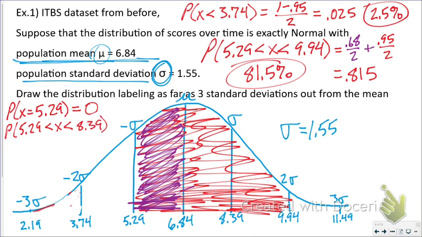So if they change it and they ask for 529 to 839, that one's an easy question, right? That's referring to within one standard deviation. That's about 68%. If they ask the same question but throw in an or equals, it's going to be the exact same answer.